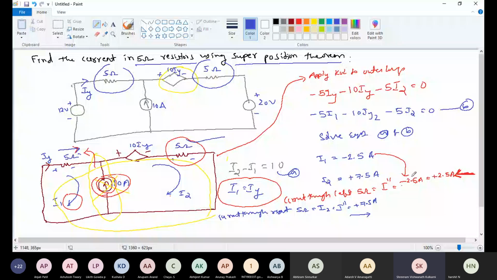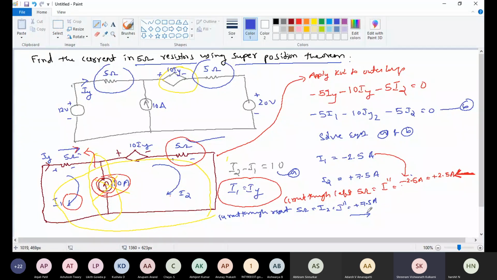If I am going to keep minus 2.5 also, no problem, because however we are going to add all the currents at the end of the calculation, because superposition theorem states that if the source is acting alone, whatever the current through or voltage across, finally we need to add all the effects.